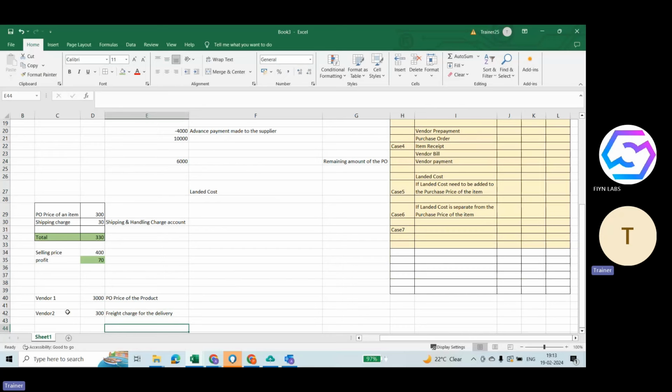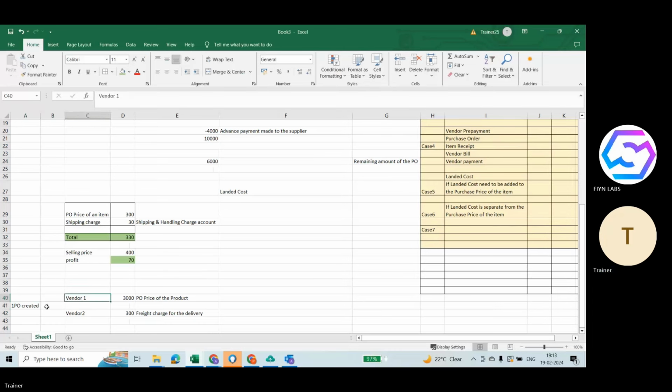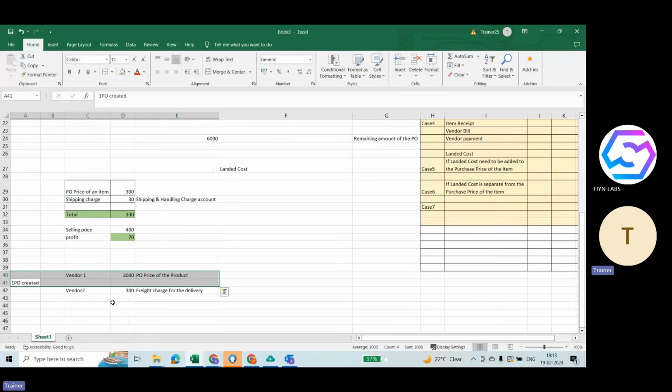So for one PO, there is one purchase order created. However, there are two vendors in it. Vendor one is only responsible for the product price, and there is another vendor who is just charging the freight charge.